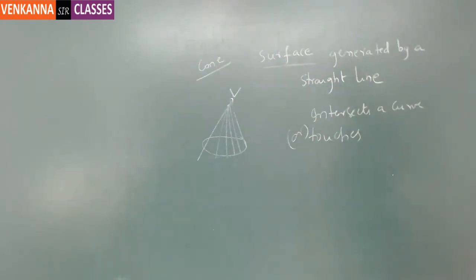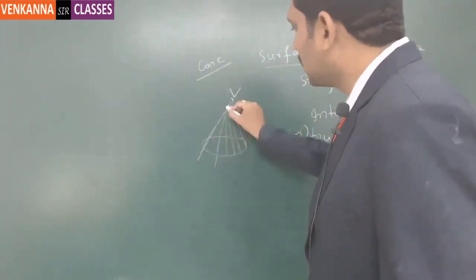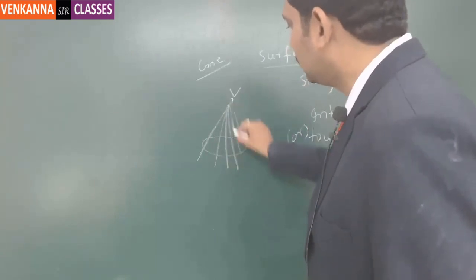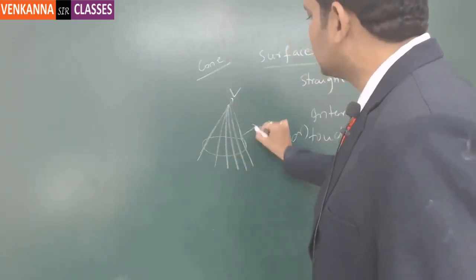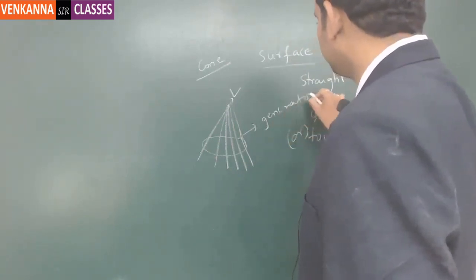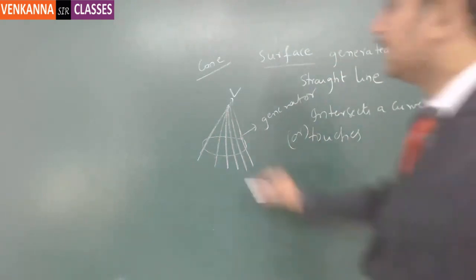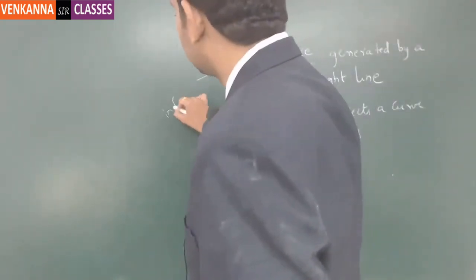Every line on this surface passing through the point V we call a generator of the cone. So a cone will contain an infinite number of generators.